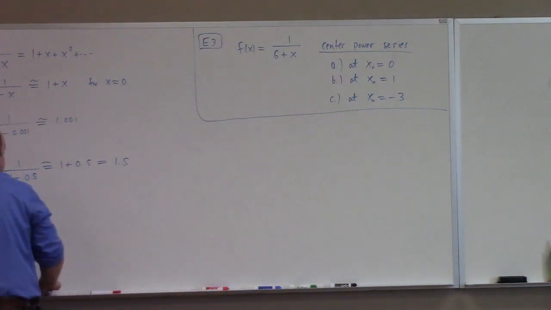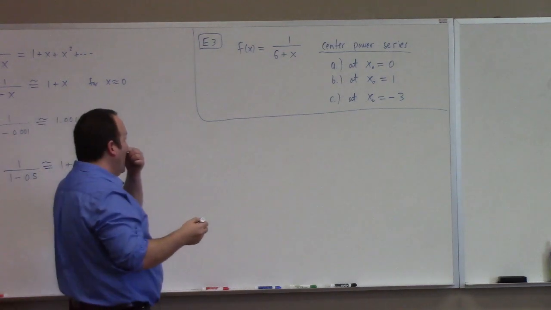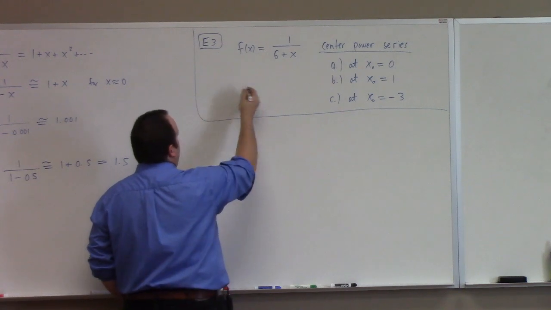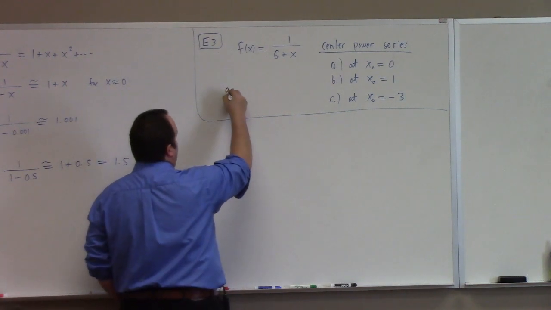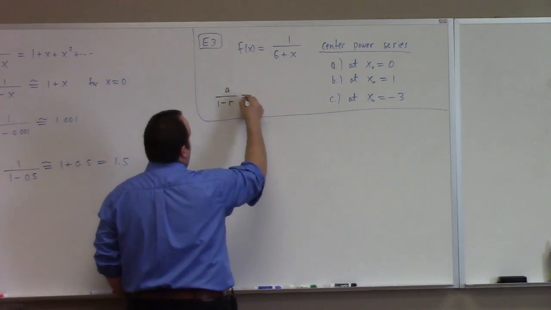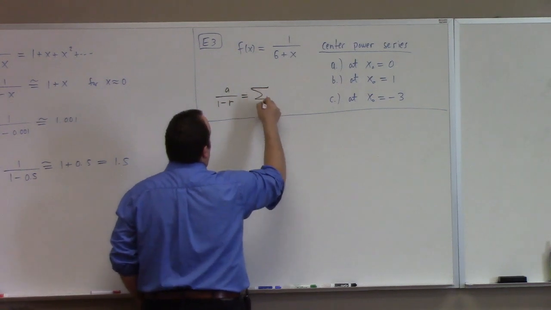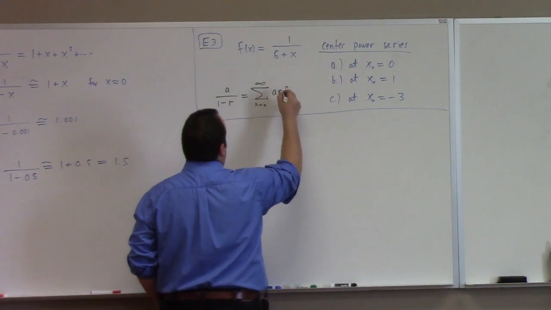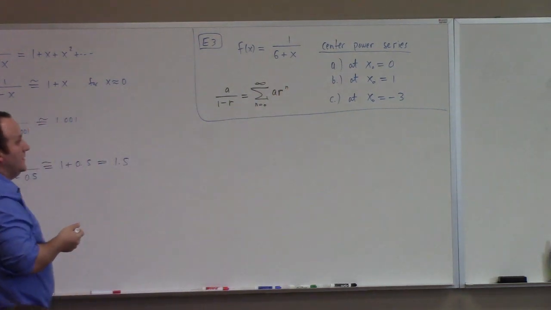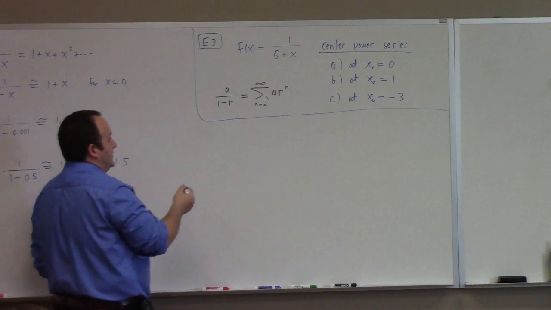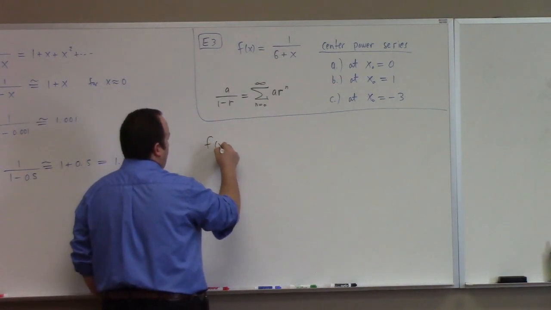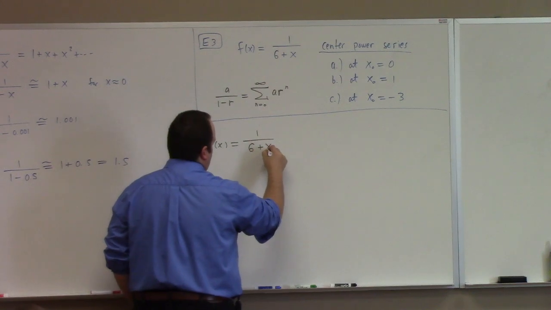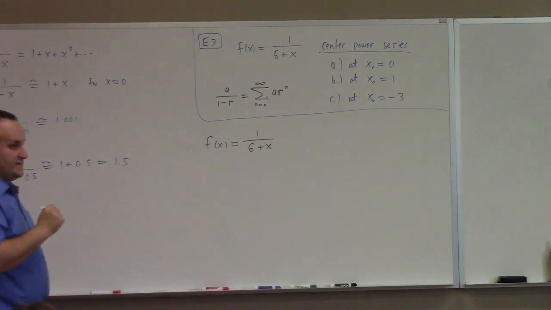Okay? So basically every time we're going to use the geometric series result, which is that a over 1 minus r is the sum n equals 0 to infinity of a r to the n. Right? So to start with, can you guys tell me what I need to do? What's the trouble with this expression as it starts?